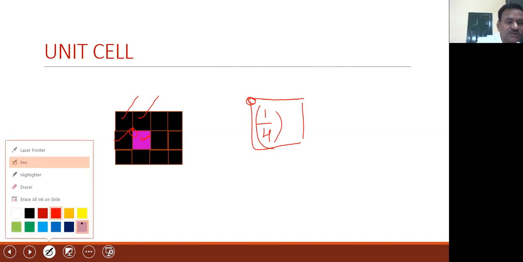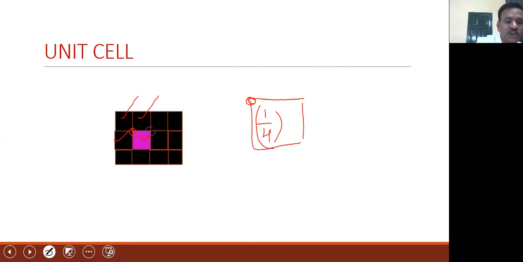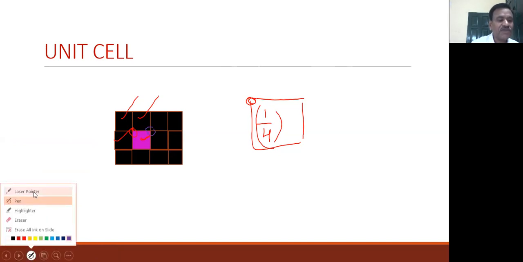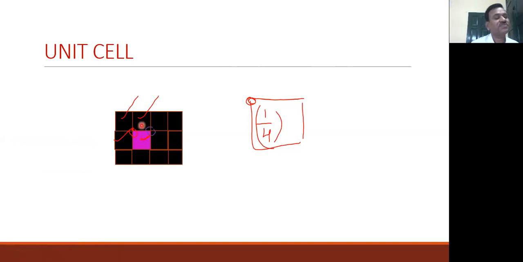Similarly, this corner is also shared between four neighboring cells, 1, 2, 3, 4. What is the contribution here? This also 1/4. Similarly, for this also 1/4, because 1, 2, 3, 4.